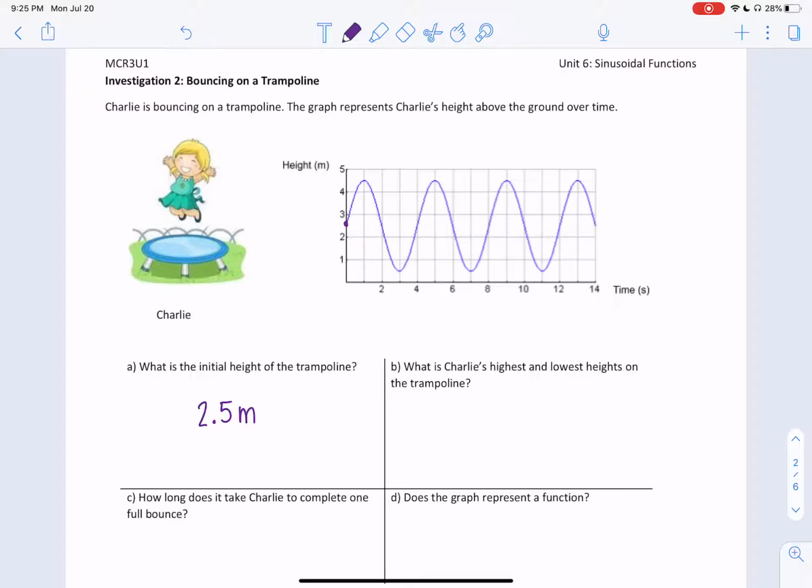Now, what are her highest and lowest heights? If I look, she jumps, and she's going higher and higher and higher until she reaches about 4.5 meters. Then she goes back down, passes her starting point, and trampolines tend to sink a little bit. So she goes to her lowest point, which is down here at 0.5 meters.